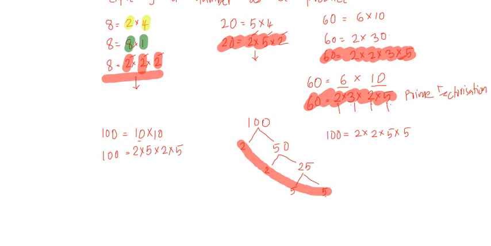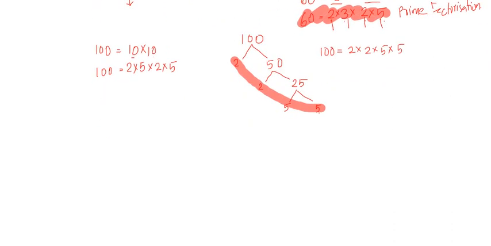We can try a really large number, maybe 272, right? So I would go with a tree diagram. 272, 2 goes in this, so 272 divided by 2 is 136.